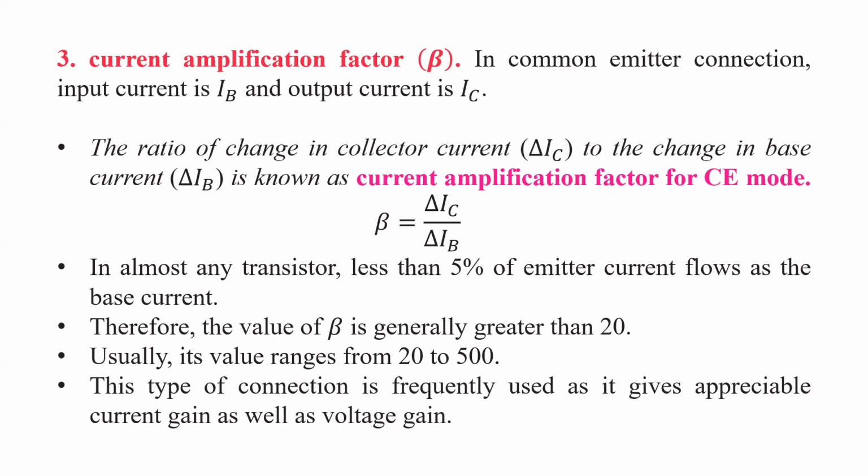This CE mode is the most widely used configuration because it can give a good current gain as well as good voltage gain. In CB mode, current gain is always less than 1 and voltage gain is greater than 1. But in CE mode, both current gain and voltage gain are very much greater than 1.